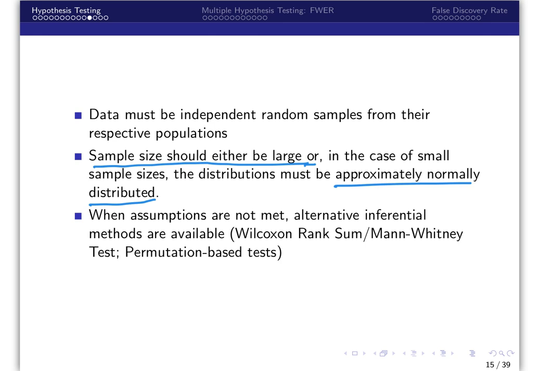The sample size should be large enough, or in the case of small sample sizes, the distributions must be approximately normally distributed. When assumptions are not met, alternative hypothesis testing procedures, such as the nonparametric Wilcoxon rank sum test, also known as the Mann-Whitney test, or permutation-based tests can be used.